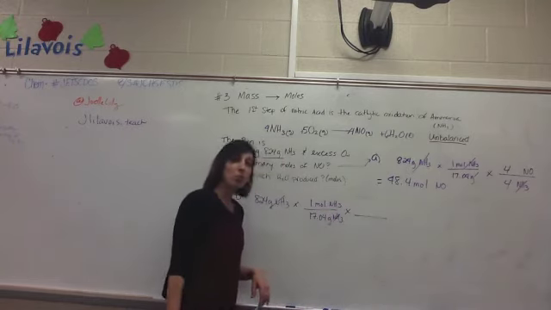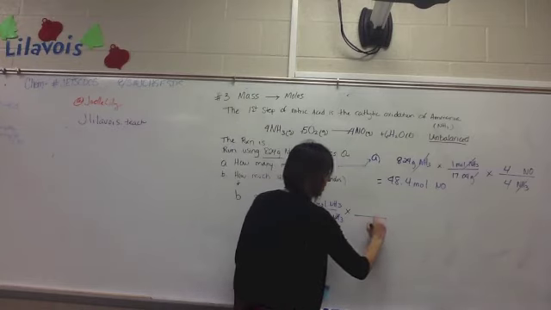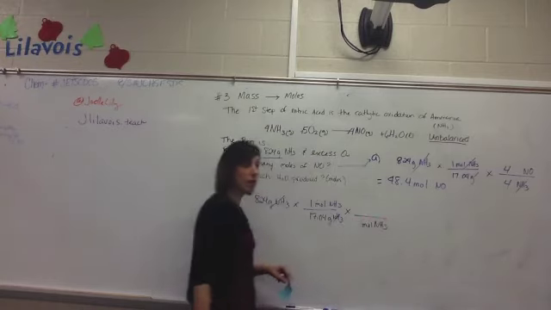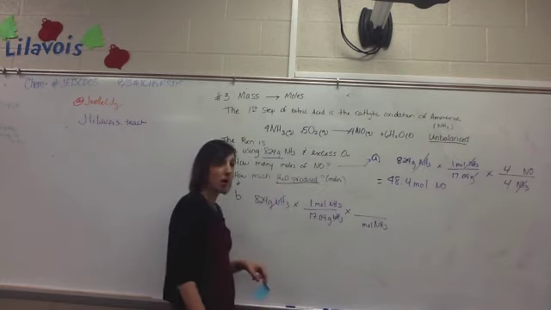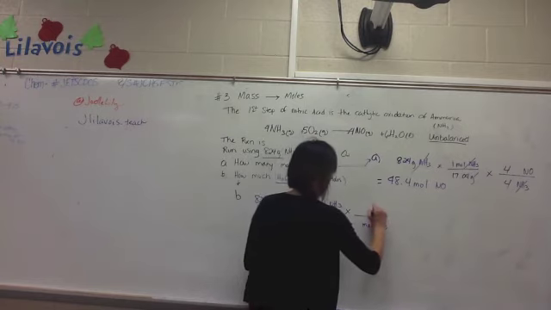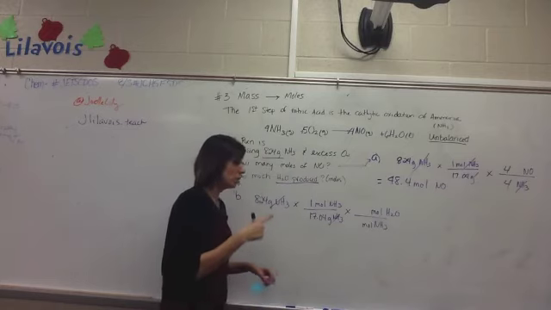Then we look at the mole ratio. We want this to cancel out, so we want to have the NH3 down here. And what do we want to end up with? Right here, water. So that should be on the top all the way to the far right. We don't know the numbers yet, so let's look at our balanced equation.